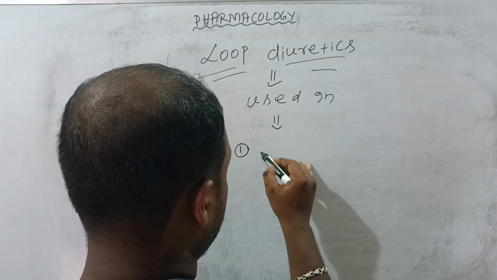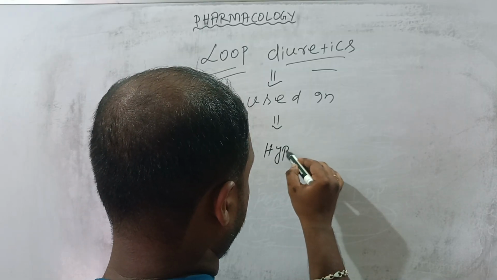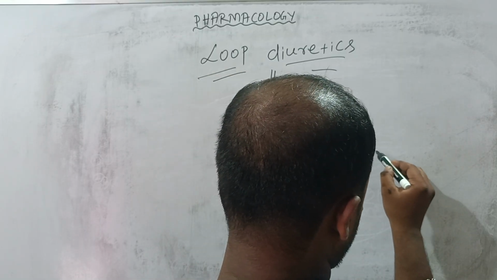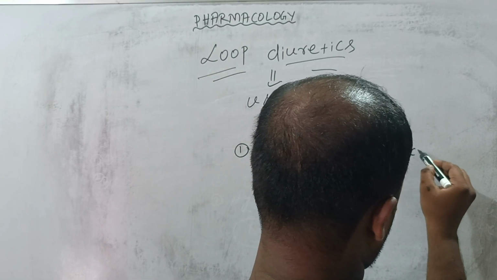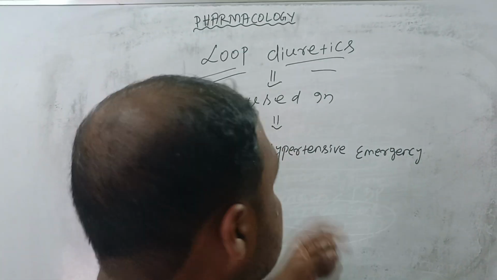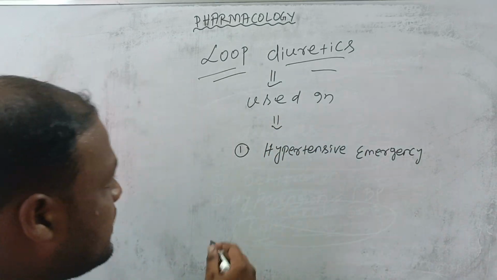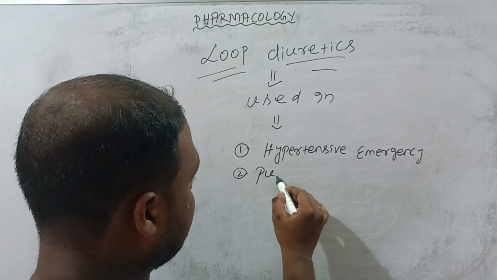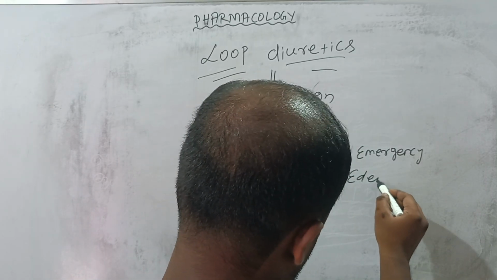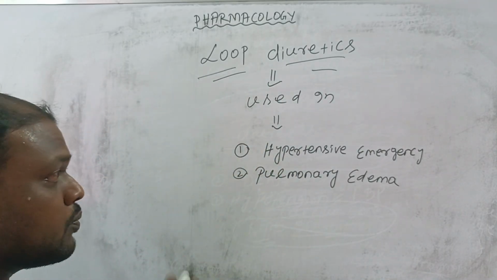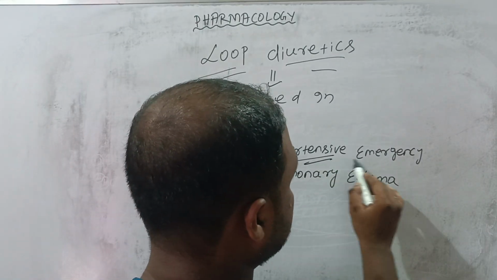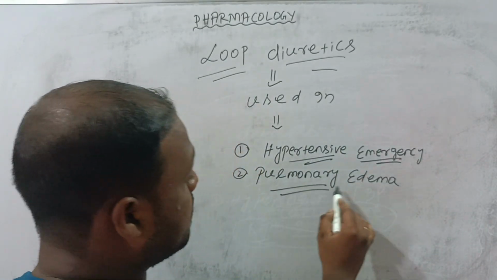First one is hypertensive emergency. Hypertensive emergency means high blood pressure. In this case, we administer the loop diuretics. Second one is pulmonary edema. This is the most common case where we use the loop diuretics.